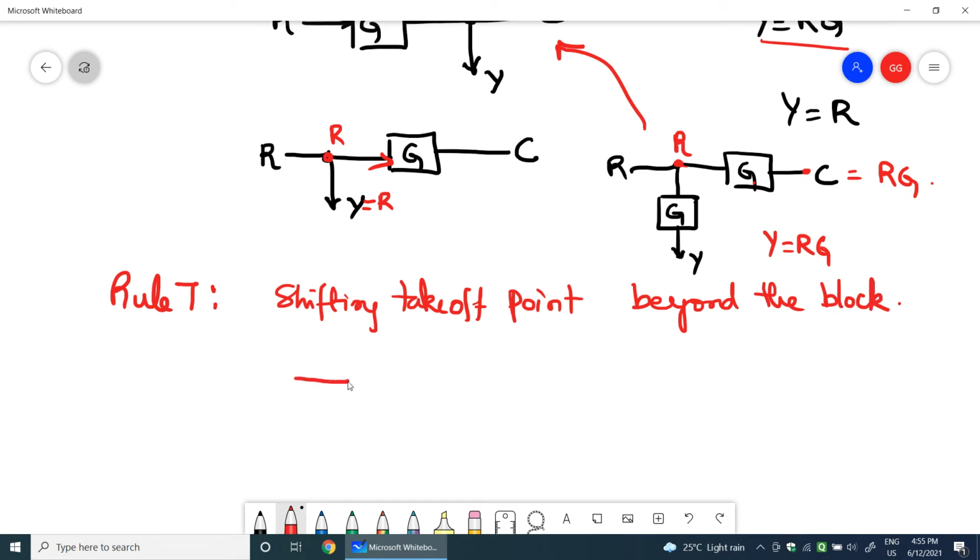So I'll have R, I'll have Y here, and then I'll have a G here, and this is C. Now C is equal to R into G, Y is equal to R. This is what I need to have.